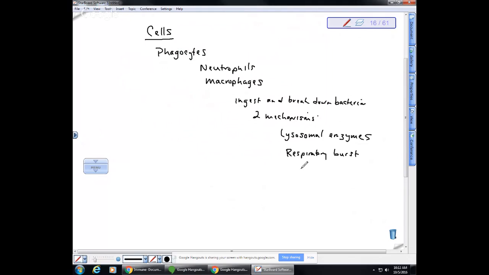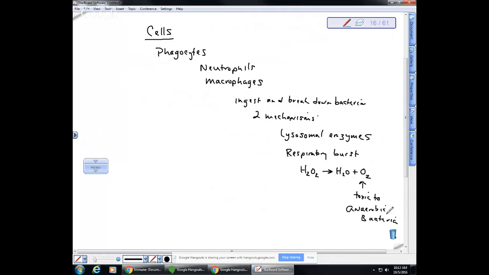If we look at hydrogen peroxide, which is H2O2, it breaks down into water plus oxygen. This is toxic to many bacteria, specifically anaerobic bacteria. So I'll put anaerobic and aerobic. Let me spell that right. Okay, so that oxygen is toxic.